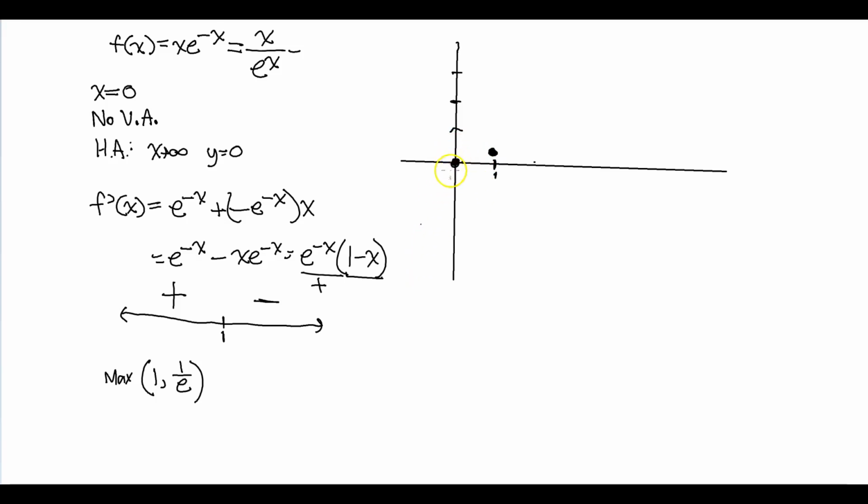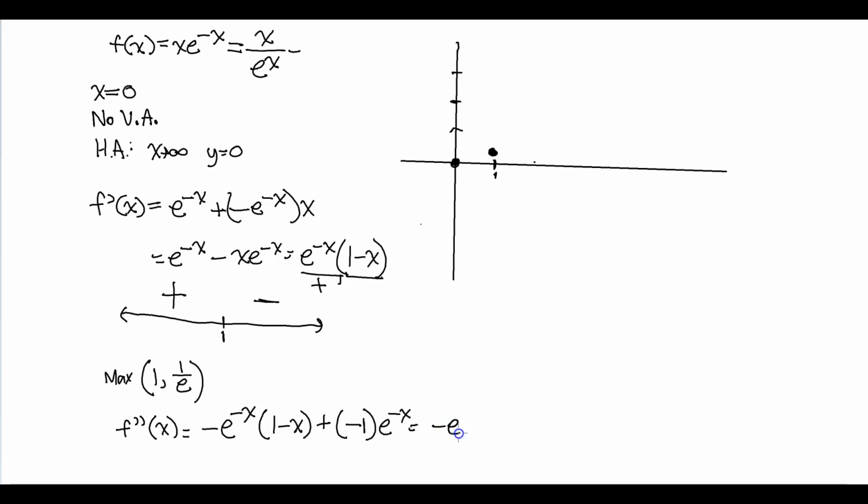Now let's look at the second derivative to see if there are any inflection points. F prime prime of x, and let's use this factored form. It's a lot easier. We apply the product rule again: the derivative of the first function times the second function, plus the derivative of the second function times the first function.